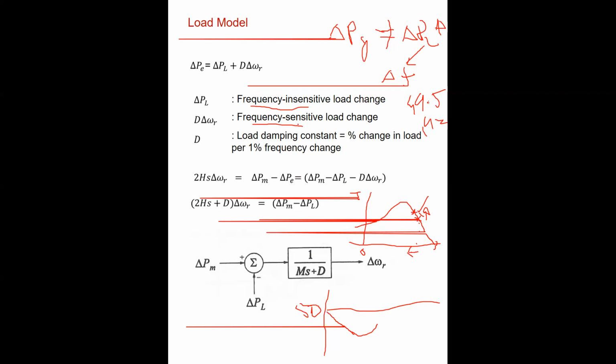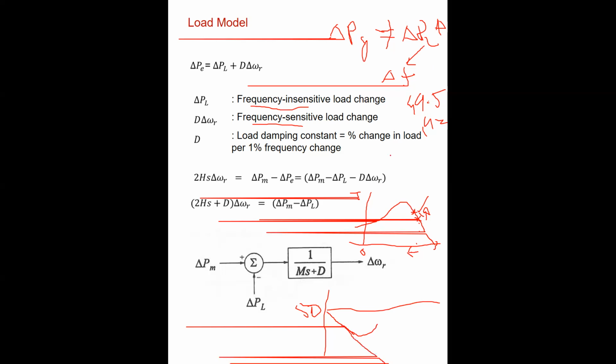You are right, because if you do not have motor load, if you just have lighting load, then let's say for a 50 megawatt load change, 50 megawatt lighting load versus a 50 megawatt composite load, if you have only lighting load, the drop in the frequency will be much more.